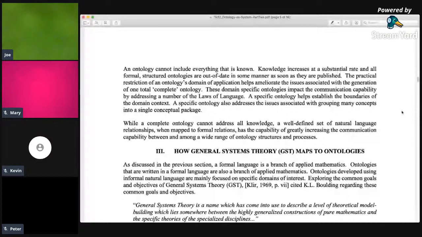And so it can become much more well-defined. And that's a mechanism by which natural language communication can be tagged and made more formal and more precise.